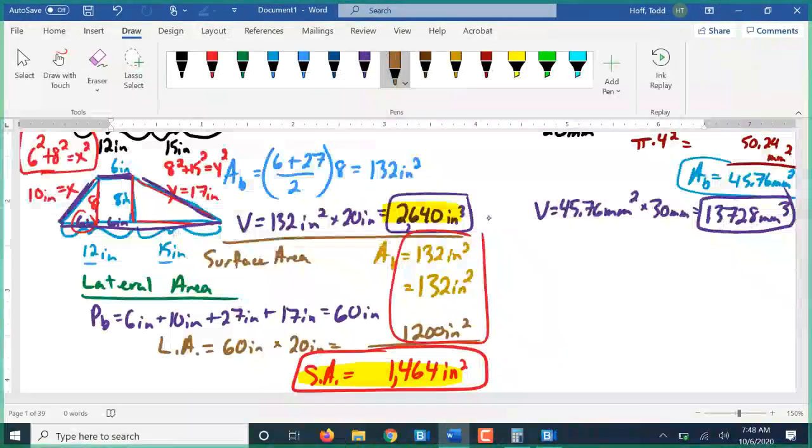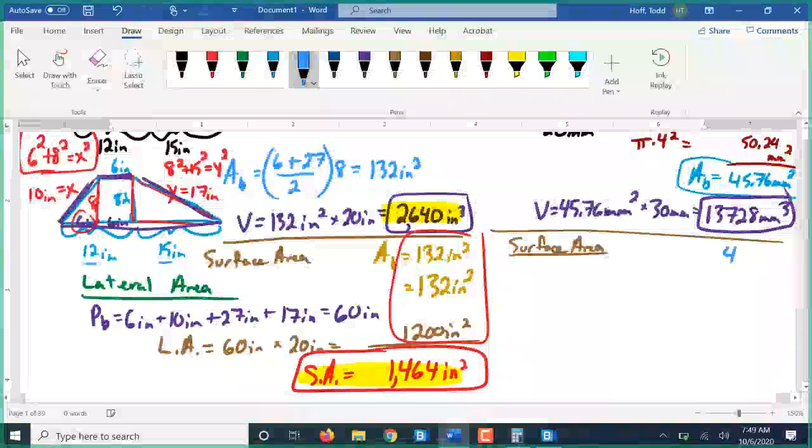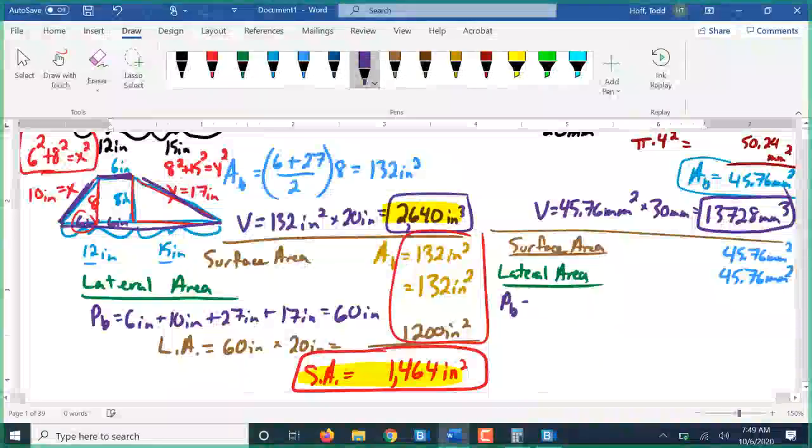For surface area, we have the area of our base, 45.76 millimeters squared, and we have 2 of those. So all we need to worry about is our lateral area. For our lateral area, we need the perimeter of the base.